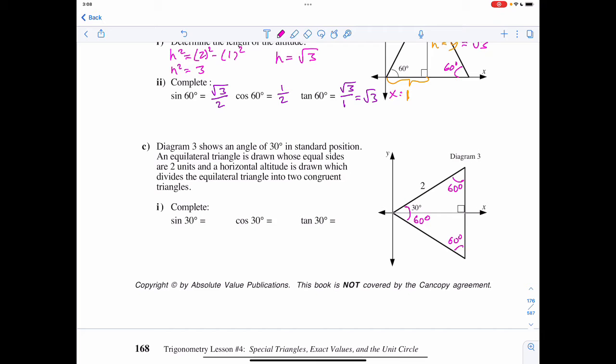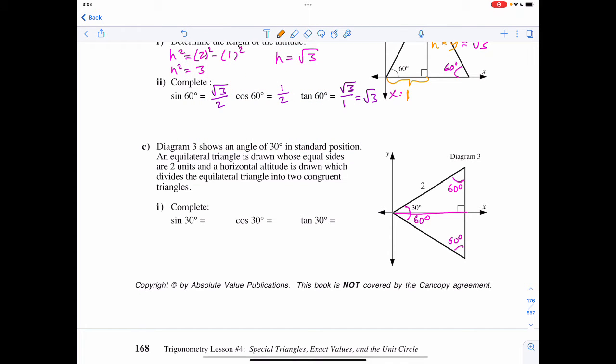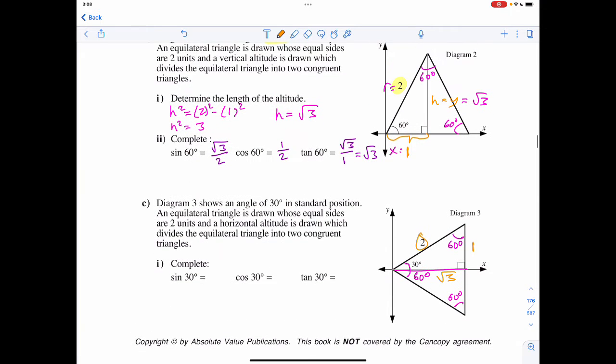And now I'm just splitting it in half along the x-axis to create a hypotenuse that's still 2, an opposite that is 1, and now my adjacent is going to be the square root of 3, because it's the same right angle triangle that we had before. We're just solving it based on the other angle.